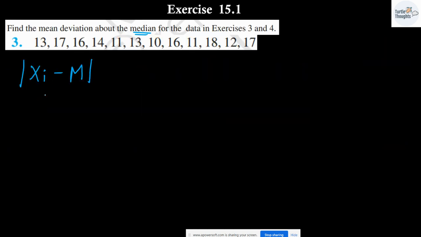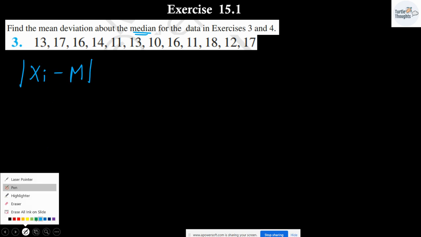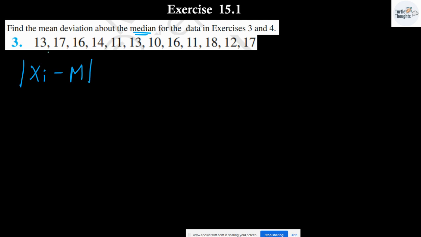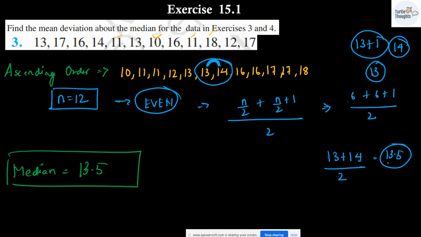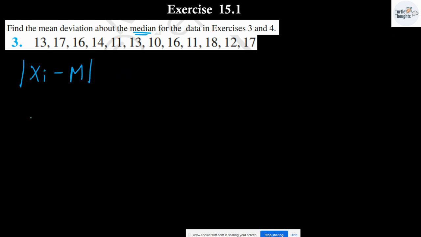Here it is about the median, so the formula is going to change. Now similar to the last problem, I have to consider all these numbers and subtract. So I'll be taking first 13 minus 13.5.